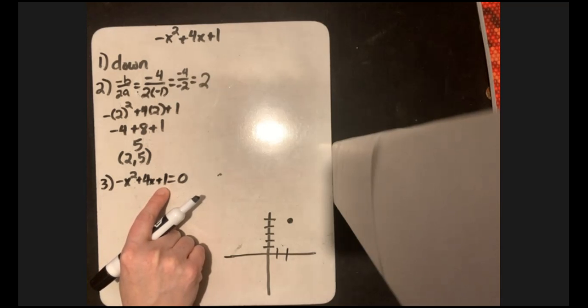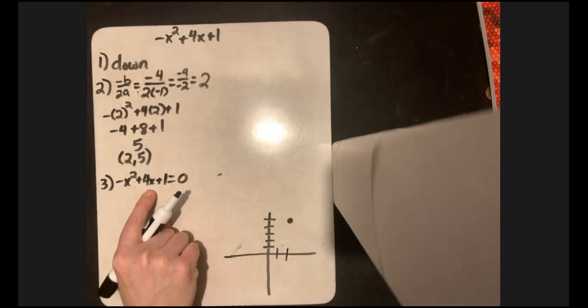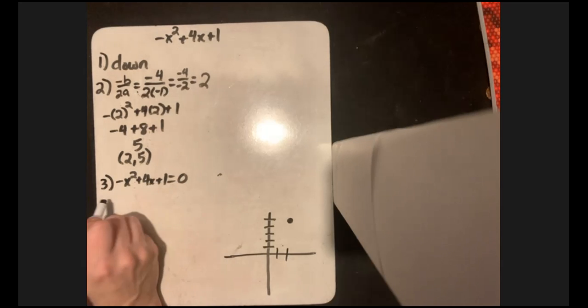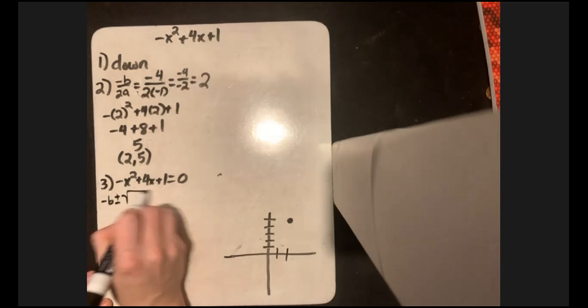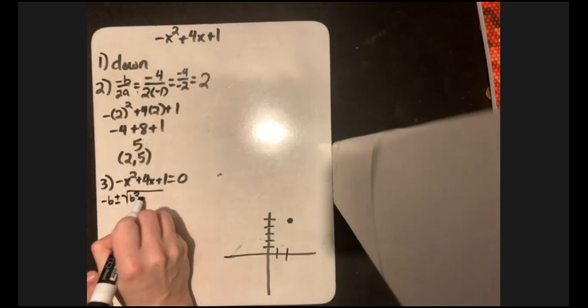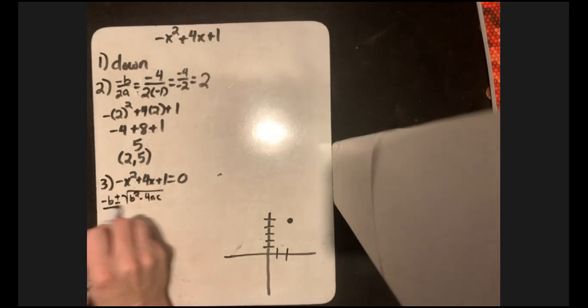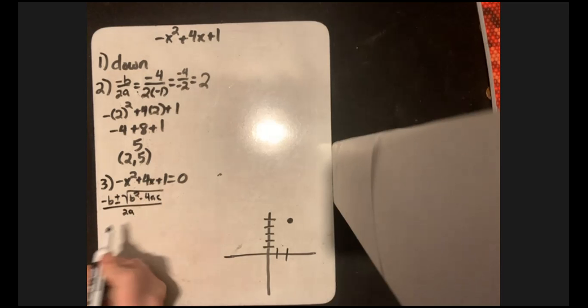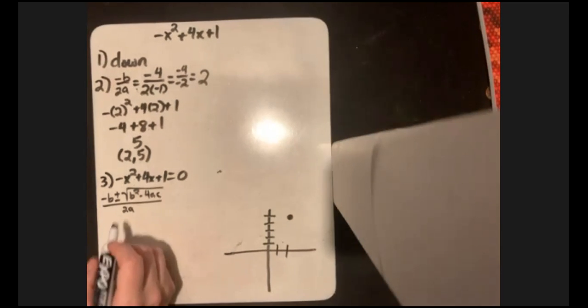There is not a pair of factors that will multiply to make 1 that will combine to make 4. So factoring isn't even going to be on my radar for this right now. So I'm just going to go straight to the quadratic formula. So again, negative b plus or minus the square root of b squared minus 4ac, all over 2a. We do see some familiarity there with that negative b over 2a portion.